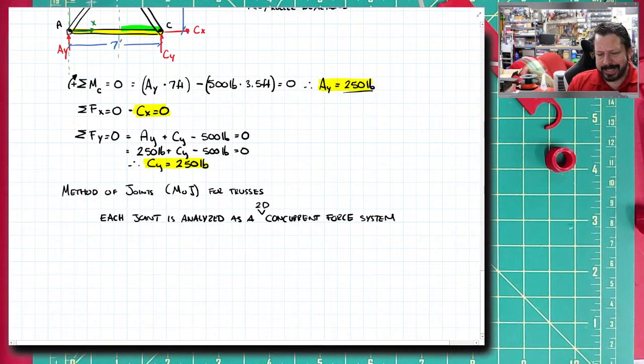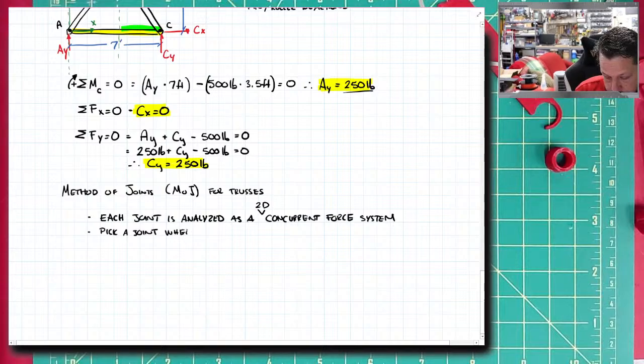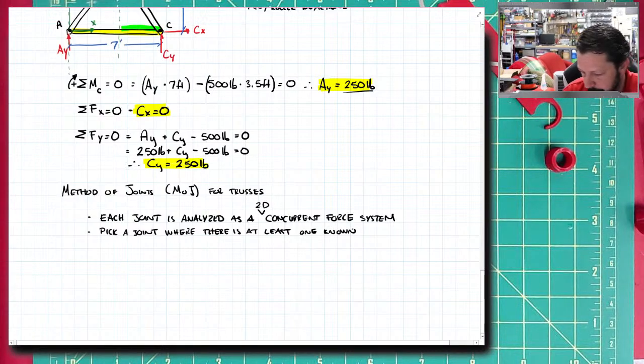So what that means is a couple of things. It means that you need to pick a joint to start with where you know at least one value. Now, in our truss right here, every joint has at least one known value.